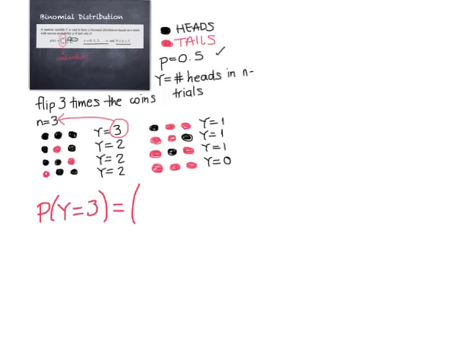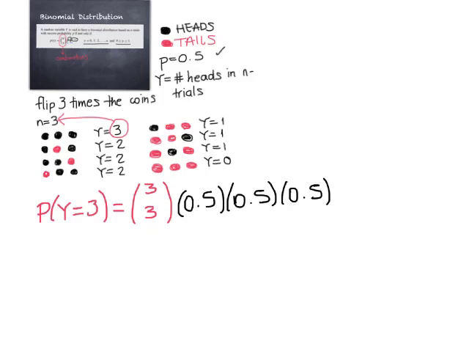The formula says that we have n and then we have y here, and then you have the probability of success. So if we don't follow the formula, you should be able to get the probability, because you would have 0.5, the first one is a head. Then the second one, since they are independent, you can multiply these 2, and then the third one.